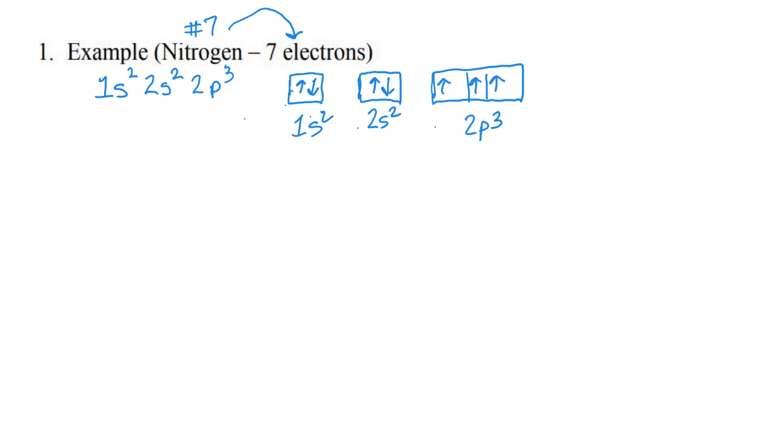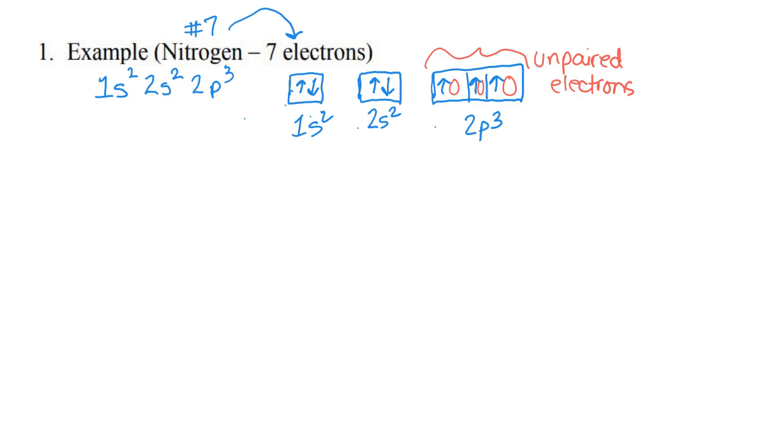The reason why that becomes important is because we're going to start to look at what are called unpaired electrons. So all of these right here are called unpaired electrons, which means that there's an empty space in each one of these orbitals, which is going to help us figure out some bonding, how they form bonds with other elements, because there's a spot for electrons to fit in there.